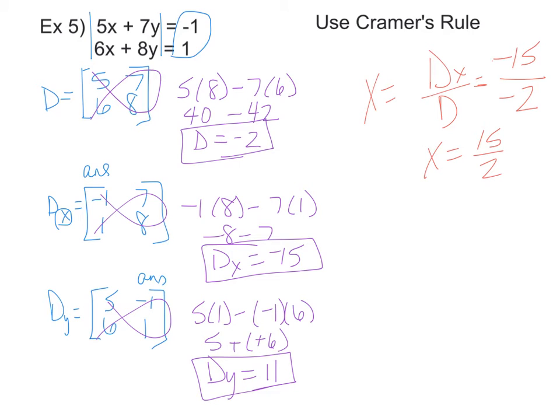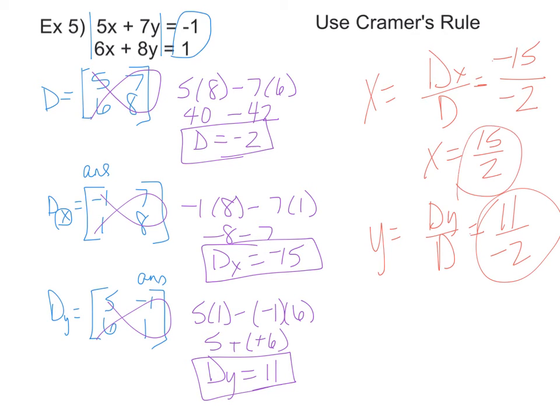The y value is going to be the determinant of y divided by my actual determinant. So I have 11 divided by negative 2, and that is simplified. Just like with every other system of equations, you want to write your final answer as a coordinate point. So my answer for this problem is going to be positive 15 halves and negative 11 halves.